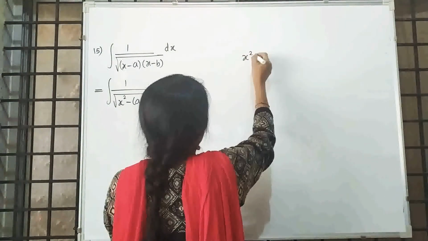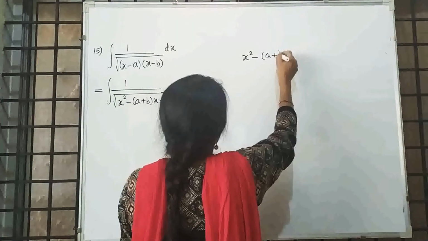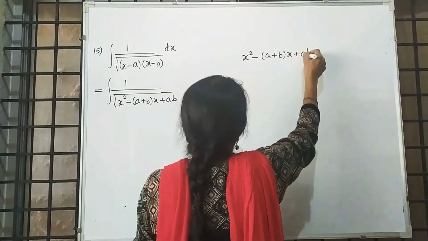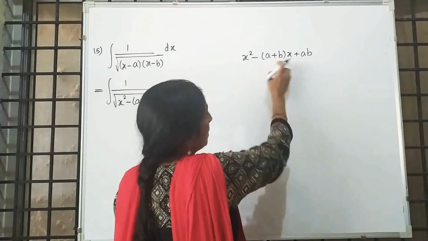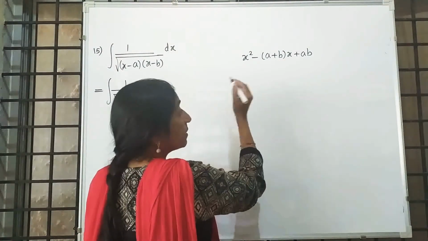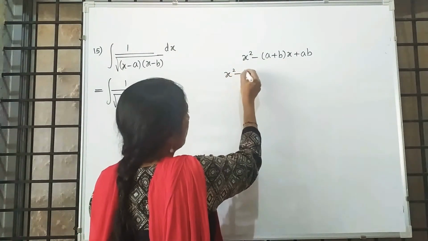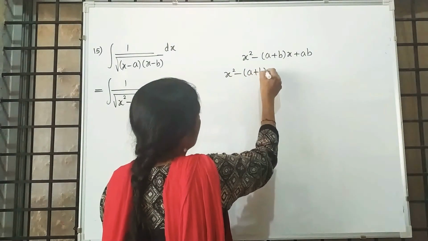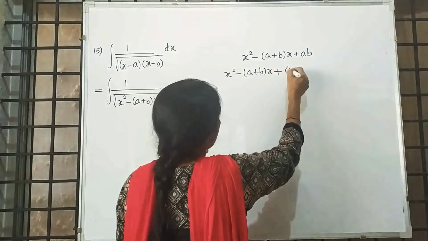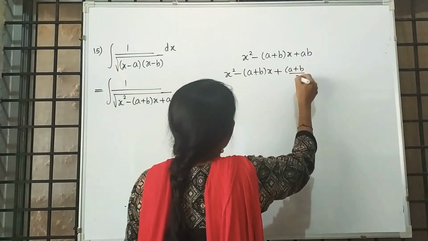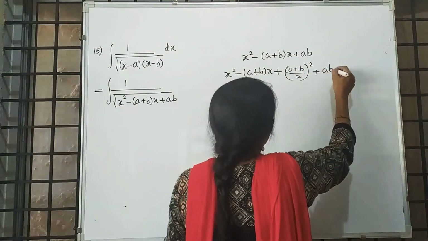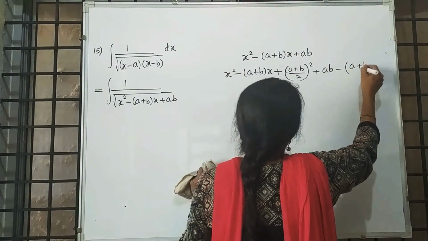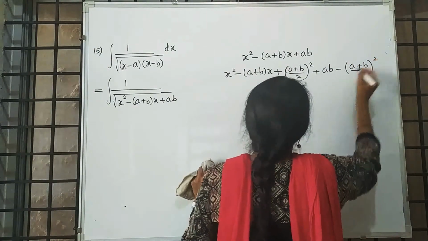x square minus (a plus b) into x plus ab. The x coefficient is what? The x coefficient is a plus b. Half of that is (a plus b) by 2. x square minus (a plus b) into x plus ((a plus b) by 2) whole square plus ab minus ((a plus b) upon 2) whole square.